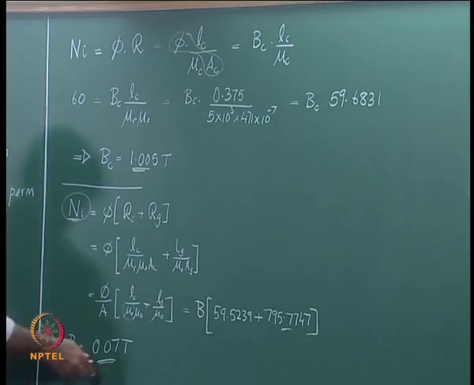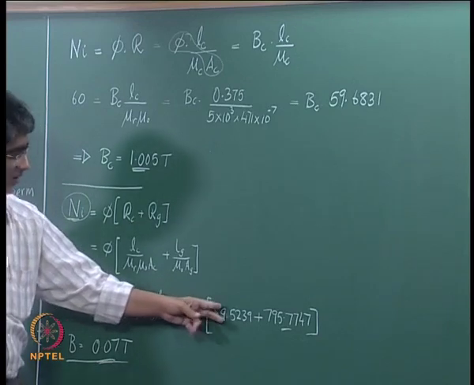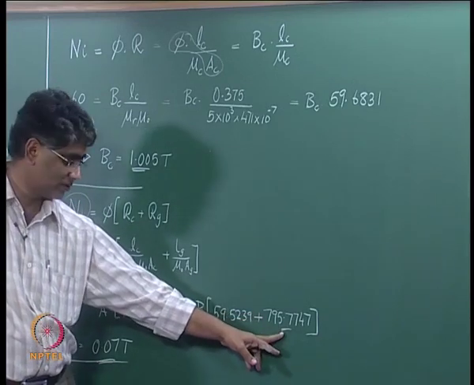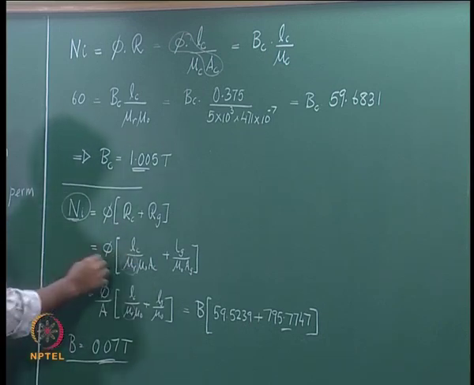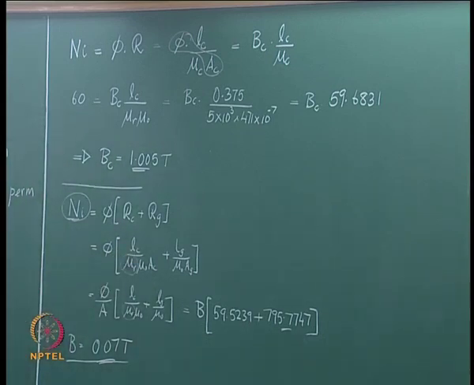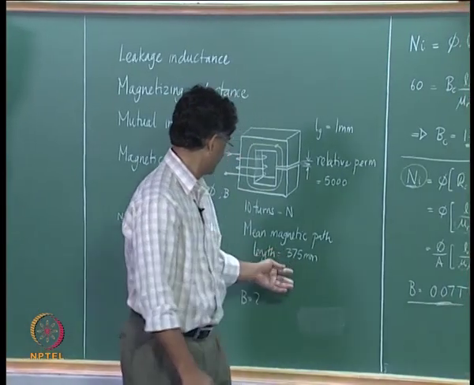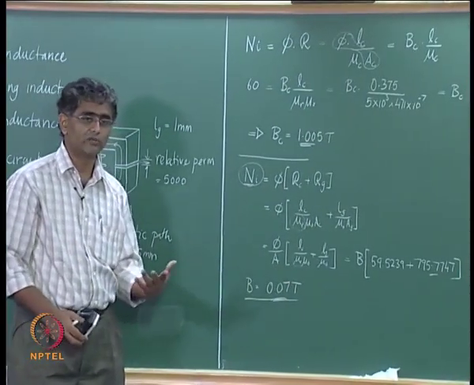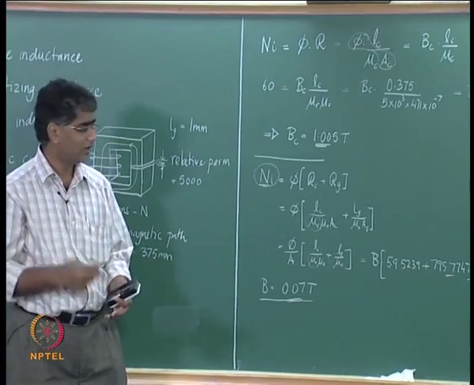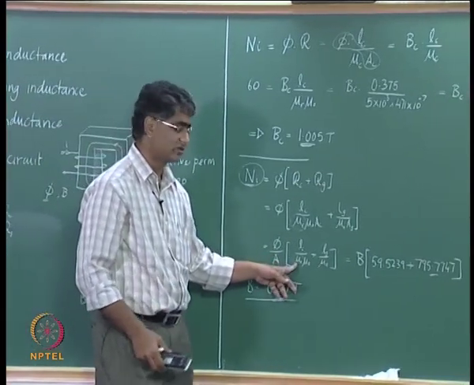This is important, right. But you can also notice another thing in this. This number is fairly small as compared to this number, which means even if mu r is going to change in some reasonable range, normally depending on the level of B, mu r may change. Your BH loop in physical materials is not really linear, and therefore mu r is subject to change.